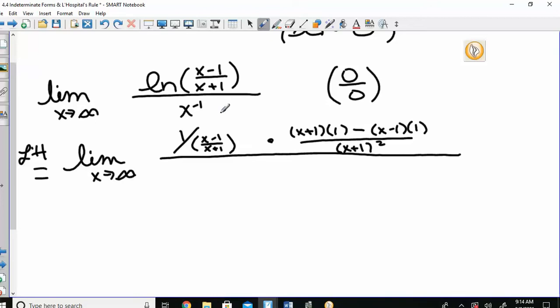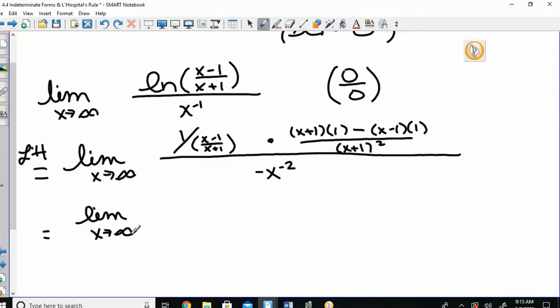Derivative of x to the negative 1 would be negative x to the negative 2. Definitely lots of cleaning up we need to do here. Okay. 1 over x minus 1, x plus 1.